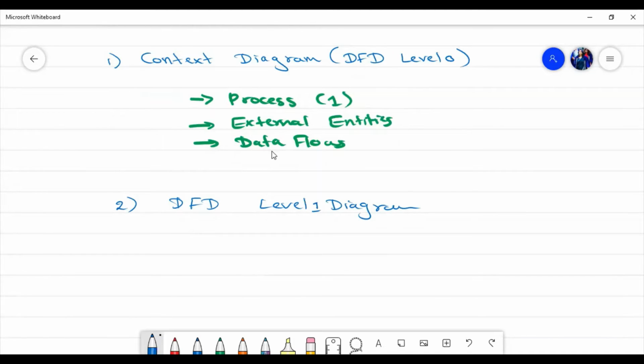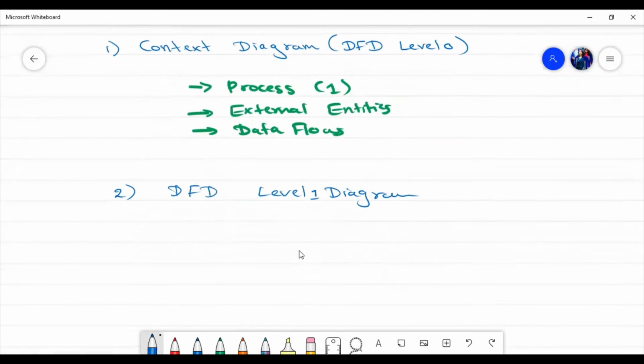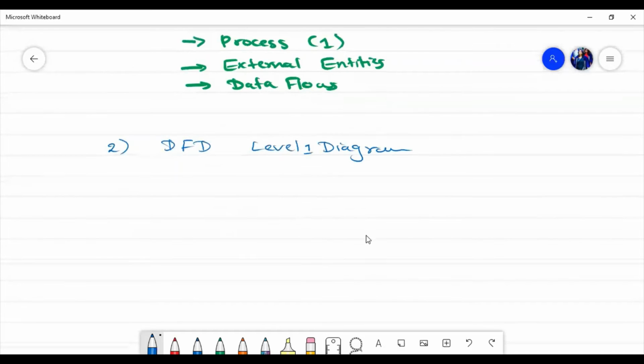In the context level diagram, we have just one process for the system. In the level 1 diagram, what we are going to do is divide this one process into several processes.